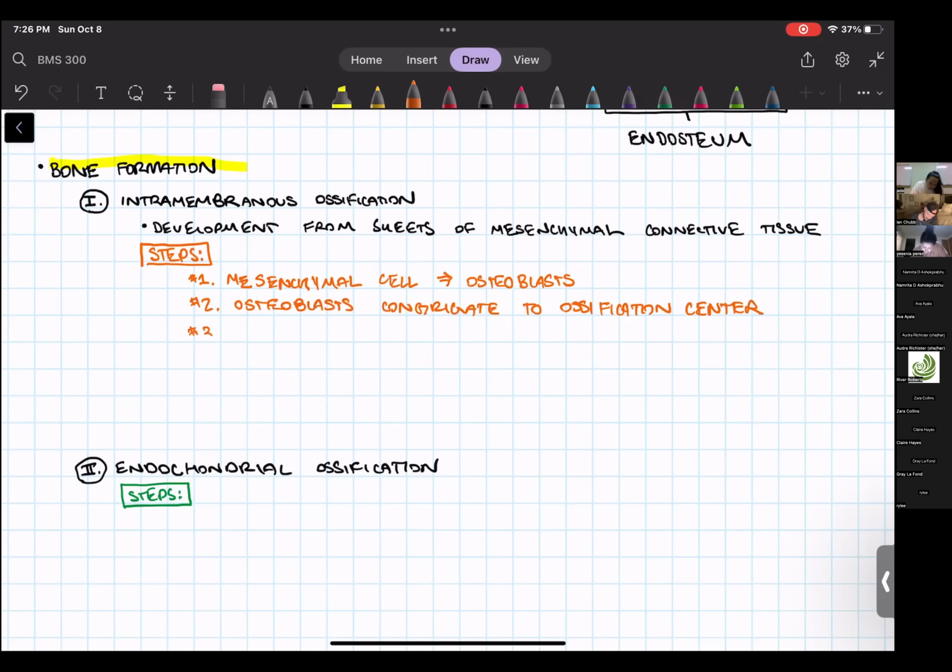At that point, they start secreting osteoid, which is basically the stuff that makes up hydroxyapatite or compact bone. So we'll say secrete osteoid and calcium, which will create compact bone.